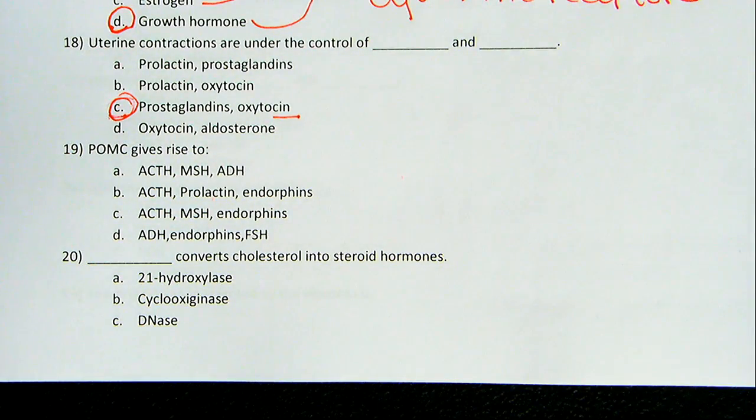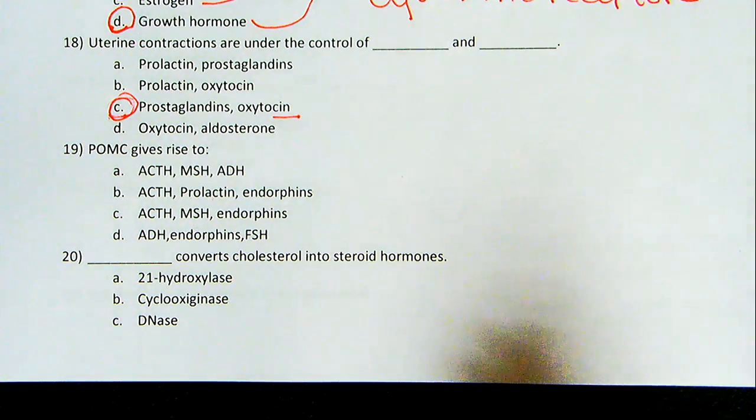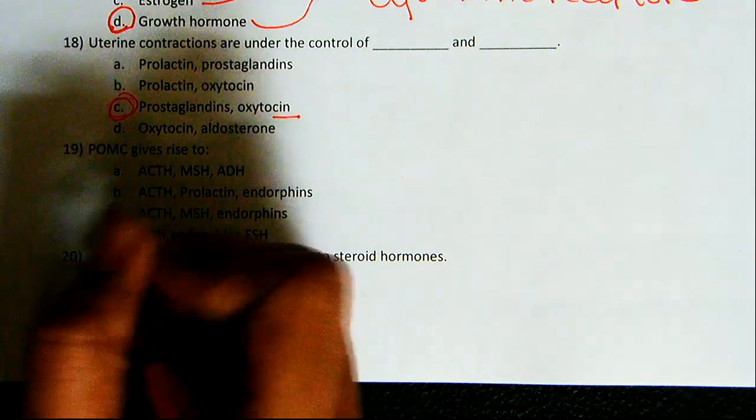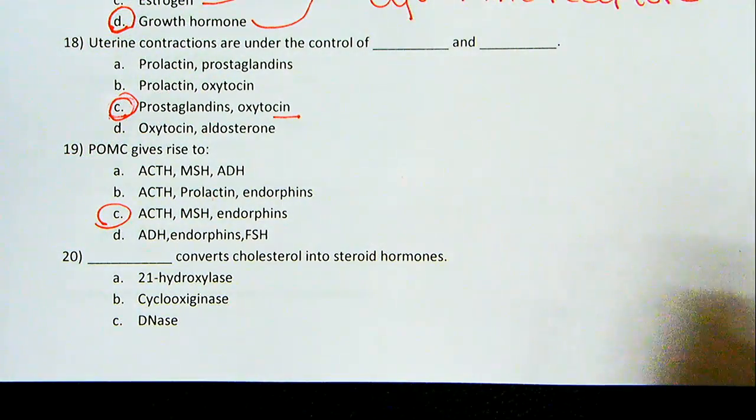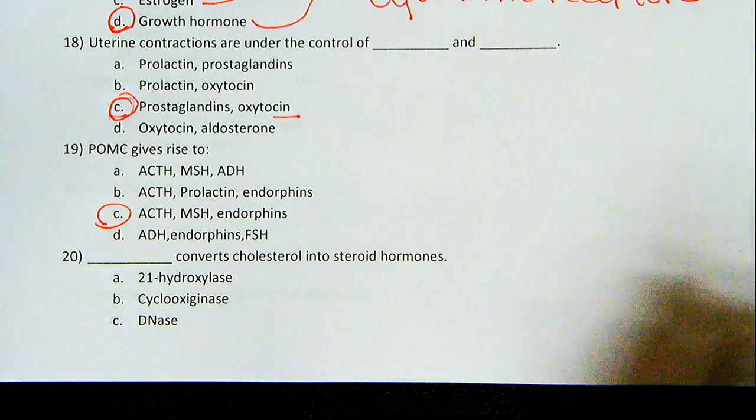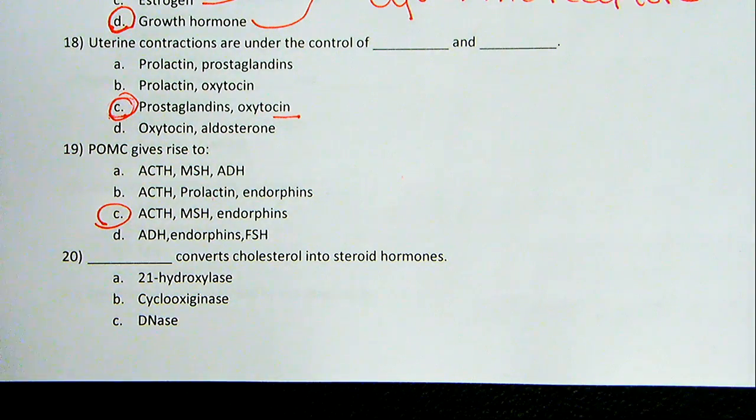Number 19. POMC gives rise to which three hormones? It's going to be ACTH, MSH, and endorphins. Remember that MSH is the melanocyte stimulating hormone, and that's going to lead to hyperpigmentation when overproduced.